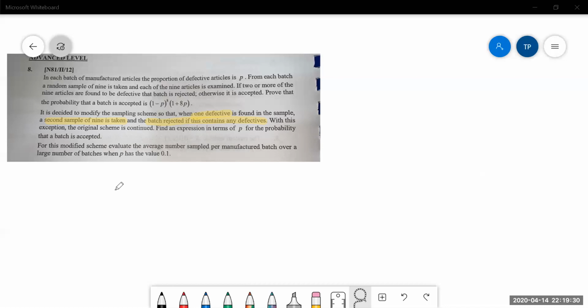Wait. Okay. It's decided to modify the sampling scheme so that when one defective is found in the sample, a second sample of 9 is taken, and the batch rejected if. What does it mean by one defective is found in the sample, a second sample of 9 is taken?